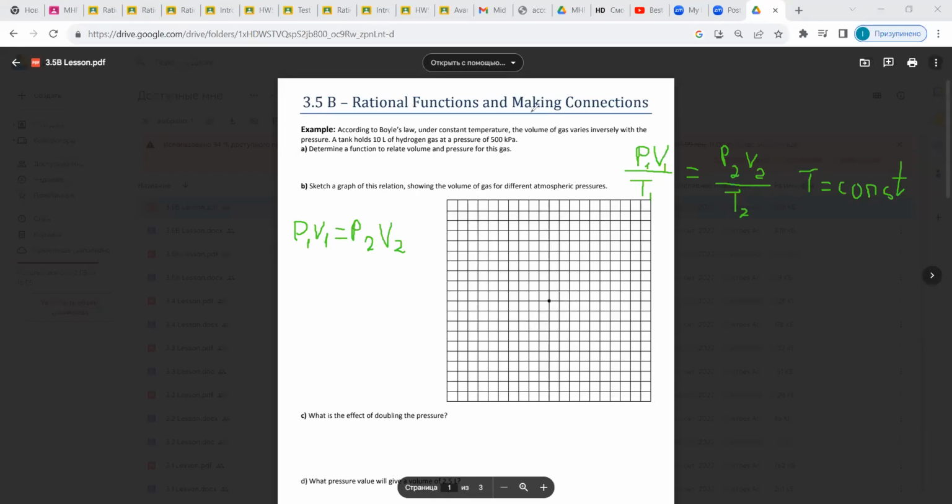So we're gonna start with making a coordinate axis as usual. Okay.